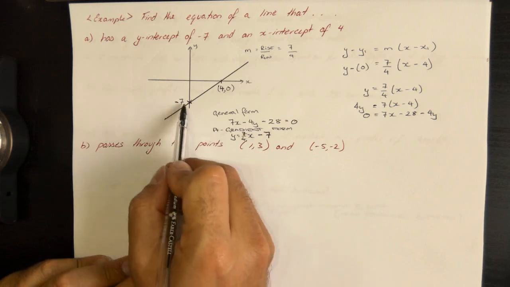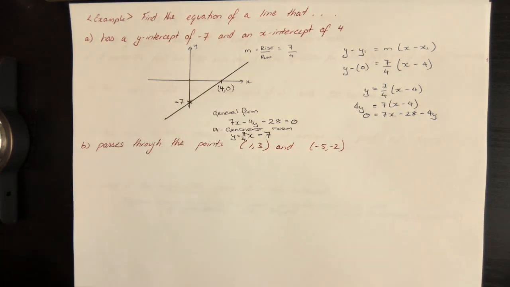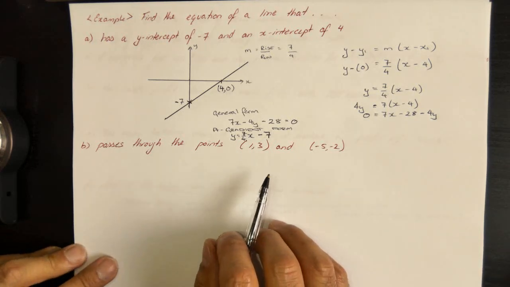Of course, the y-intercept is -7, and I have a gradient of 7 over 4, going up 7 and over 4. Okay. All right, so here's another example.